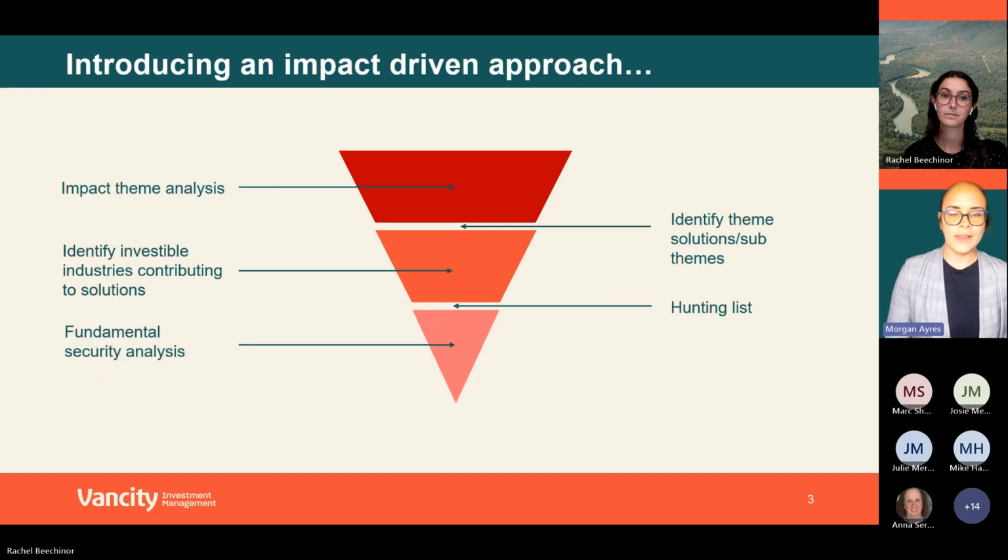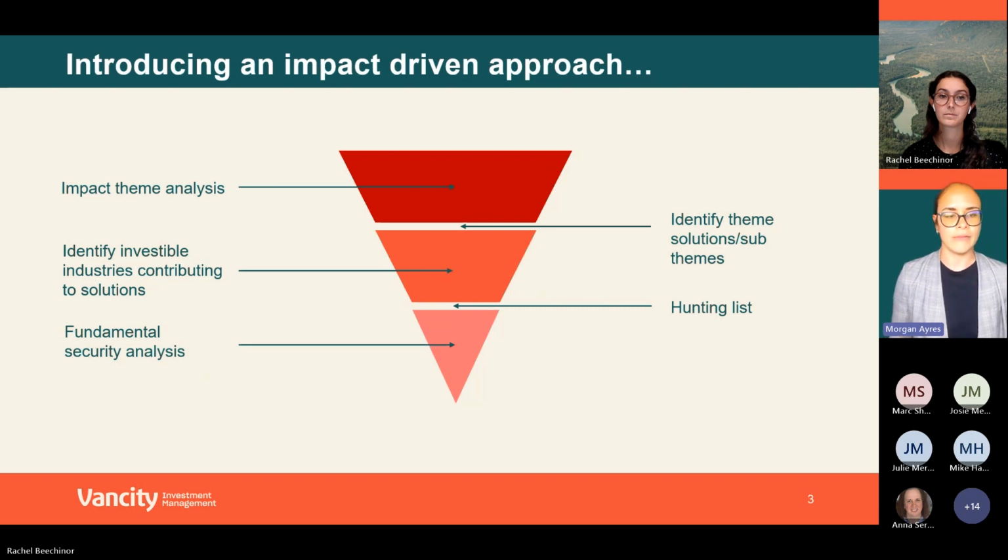So when we think about how we introduce an impact-driven approach, we found that a thematic approach was the most effective way to remain focused on areas of impact. The thematic approach allows us to ensure that the impact is the underlying driver of growth within our companies. At a high level, thematic funds look to capitalize on long-term industry tailwinds, which represent their themes, where here we look to capitalize on long-term impact tailwinds that represent our trends.